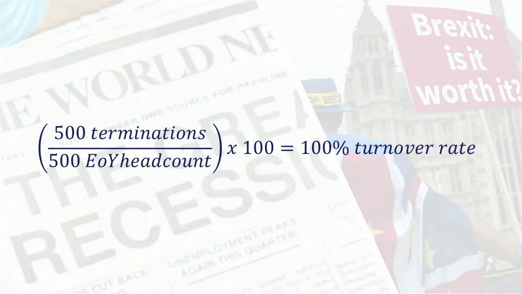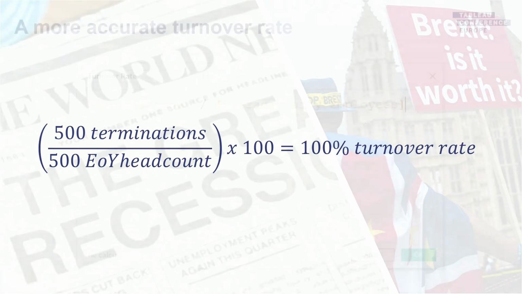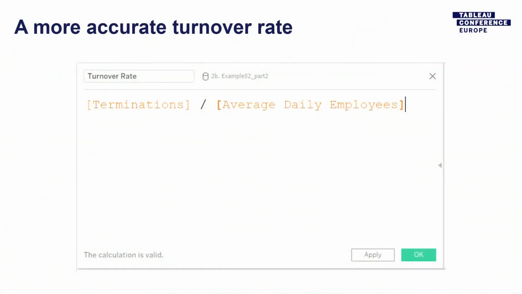So with our current definition of turnover, we'd have 100%, because we have 500 people leaving and 500 people left at the end of the year. But this definition doesn't consider the fact that for the first half of the year, we did have 1,000 employees. So a more accurate definition of turnover rate would be to look at the number of people who left over the average daily headcount, the average number of employees working on every single day across an entire year.